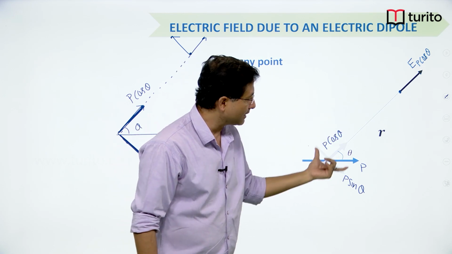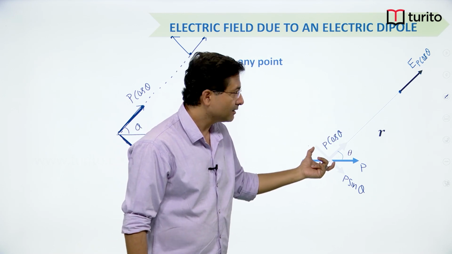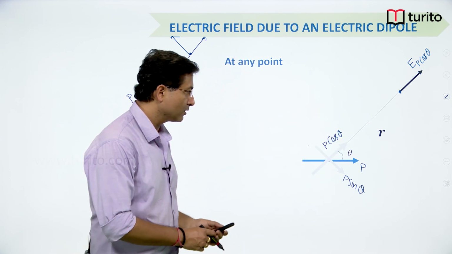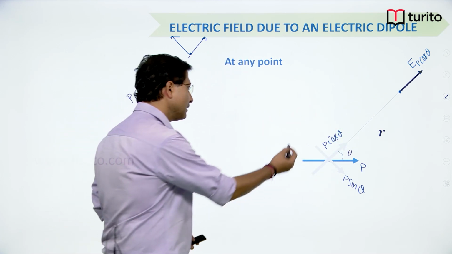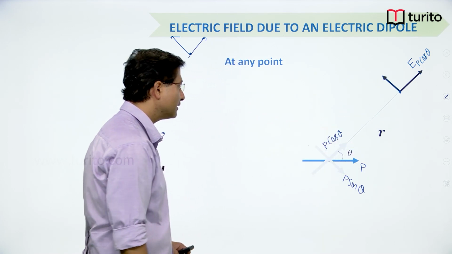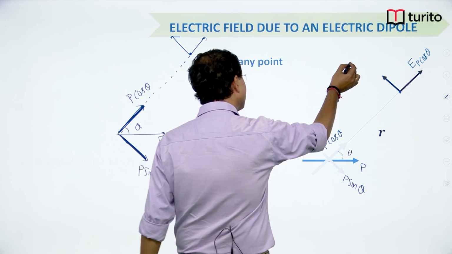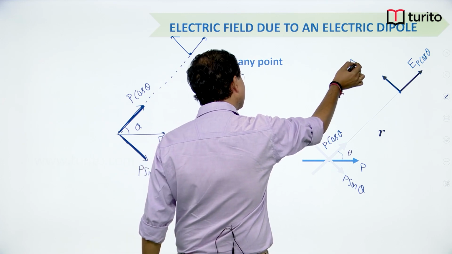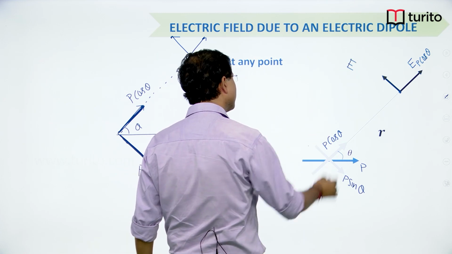We have just seen that the field will be in the opposite direction. So, because of this P sin theta, here field will be in this direction, right. So, this is the field because of P sin theta.